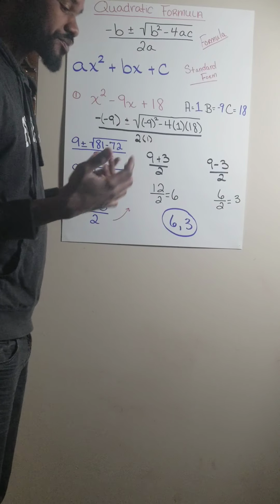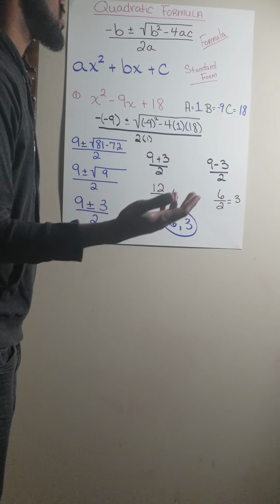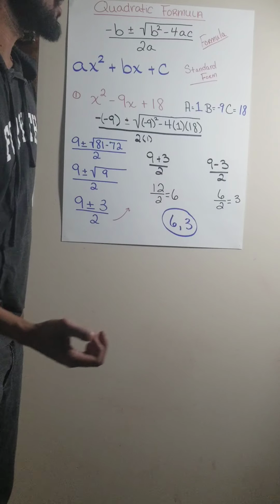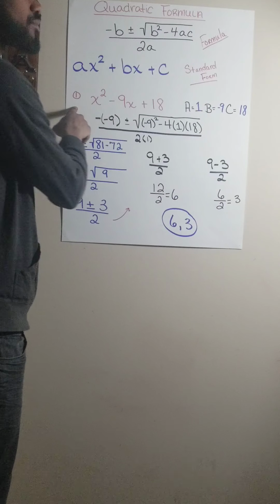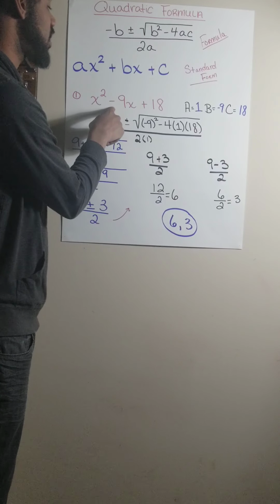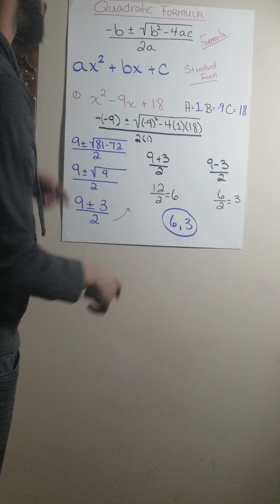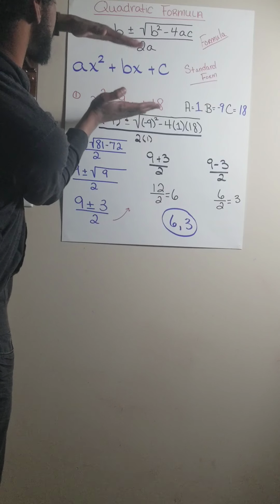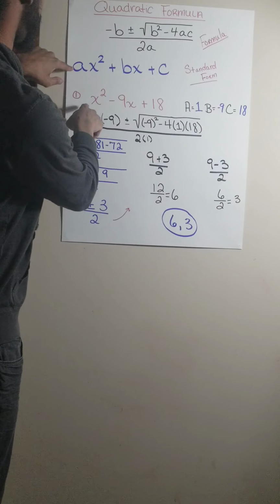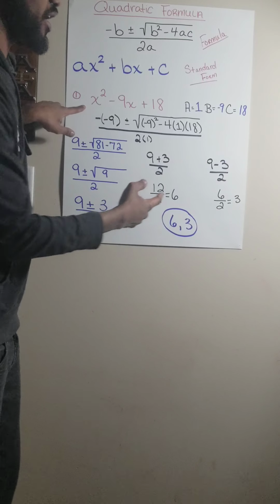That's what I looked at first because those are similar things. So when you go down to your actual problem, as in number one, we have x squared minus 9x plus 18. Now here's the kicker. If you line it up with the standard form, ax squared, x squared, there's nothing there for a.